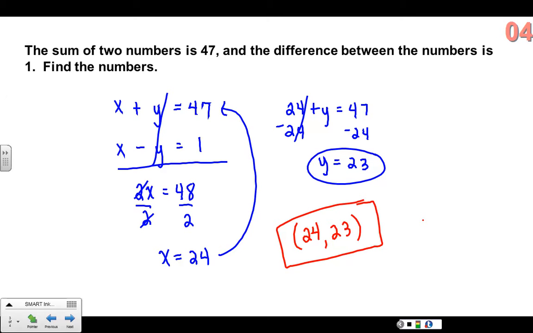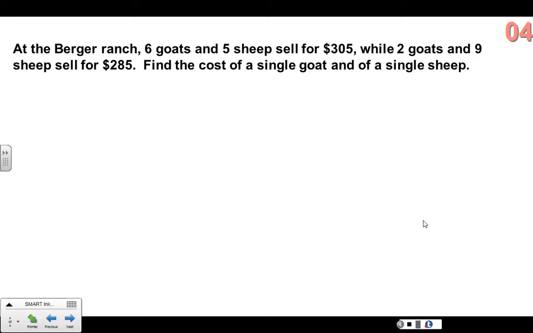Let's try one more application with a system of two equations and two unknowns. At the Burger Ranch, 6 goats and 5 sheep sell for $305, while 2 goats and 9 sheep sell for $285. Find the cost of a single goat and of a single sheep. So we're going to call x the cost of a goat, and y the cost of a sheep.